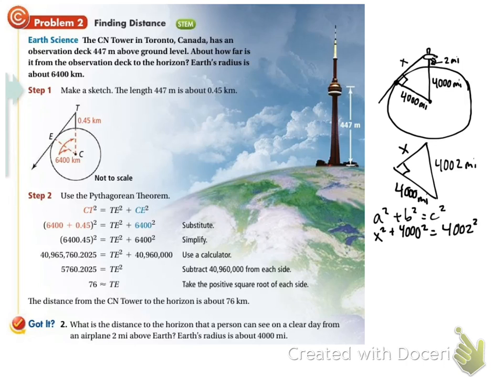Squaring these, we're going to get some big numbers here. So we'll still have our x squared plus, if we do 4,000 squared, we get 16 million. And if we do 4,002 squared, we get 16,016,004. So I'm trying to get x alone. I'm going to subtract 16 million from both sides.